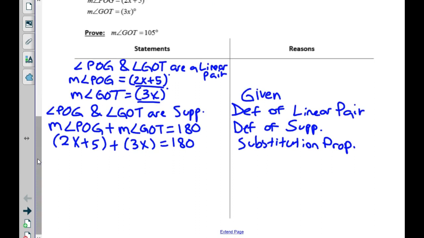We should be able to solve this algebraically, so let's do that. 2x and 3x are on the same side, becoming 5x plus 5 equals 180. When you do that, that's called combining like terms.